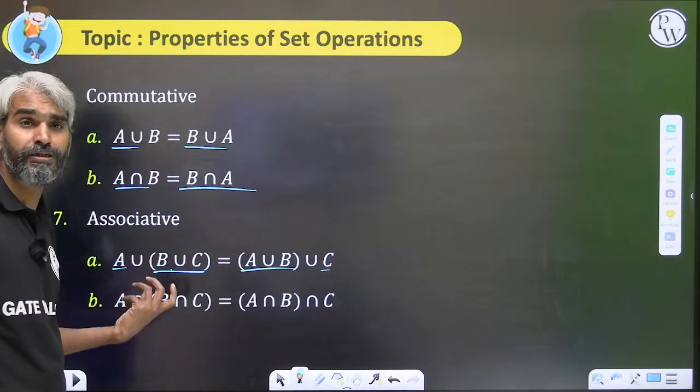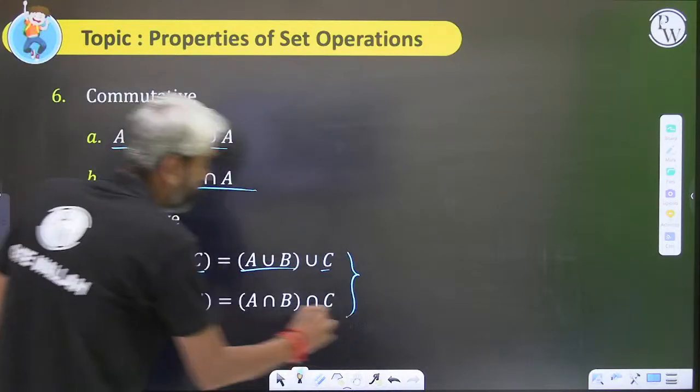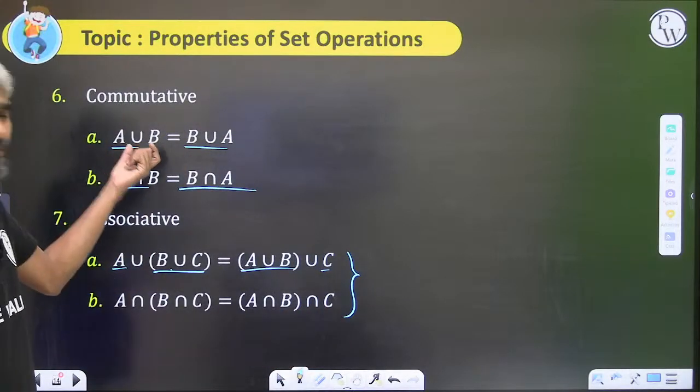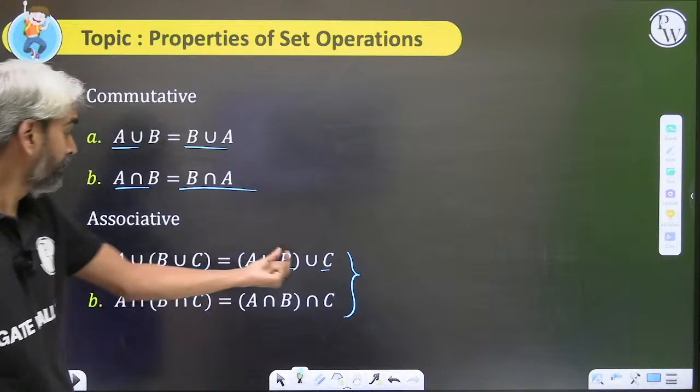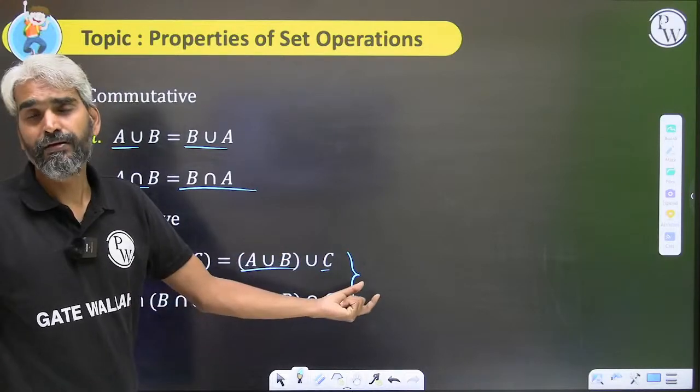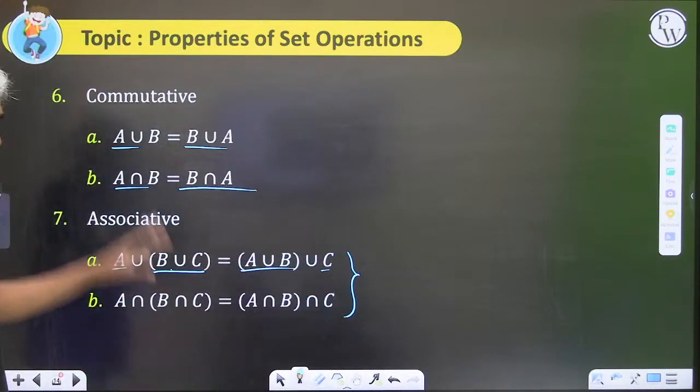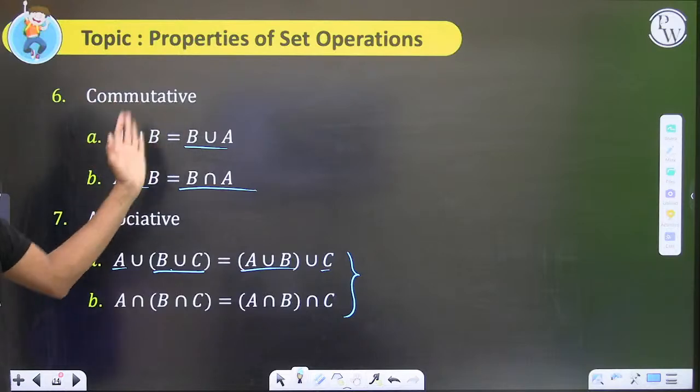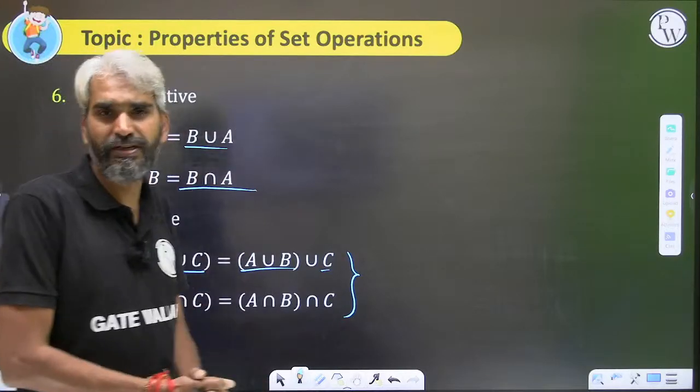That means you can change the order. Because they are commutative, you can write A union B union C as B union A union C. In whatever order you perform the operation, the result will be the same.